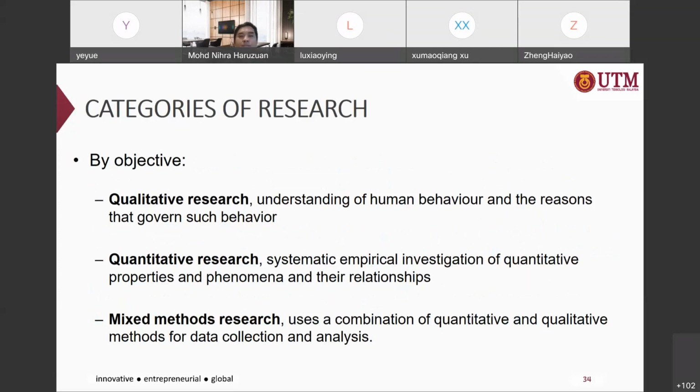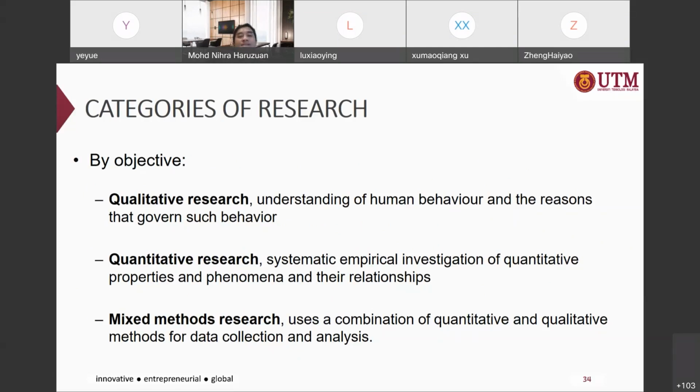So this is the conclusion, the categories of research methodologies. By objective we have qualitative research, which means understanding of human behavior and the reasons that govern such behavior. Second, quantitative research, which is basically a systematic empirical investigation of quantitative properties and phenomena and their relationships.